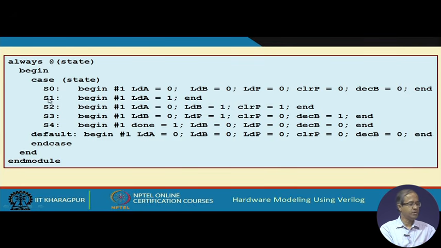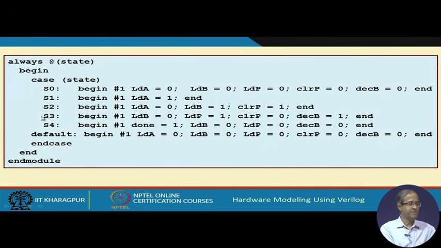In state S1 you are loading the value of A, right, A equal to data in. So, load A is activated. In S2 you are loading B. So, this load A is deactivated and load B is made 1, and in parallel we are initializing P to 0. So, clear P is also made 1.